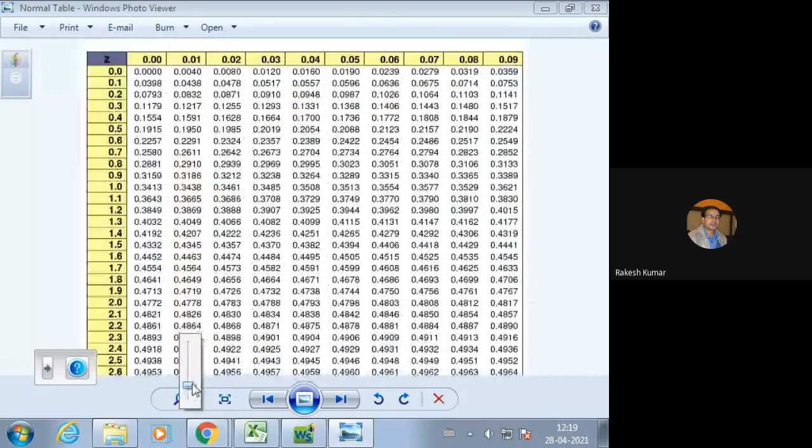So 0.3621 comes in the 1.0 row and in the 0.09 column.